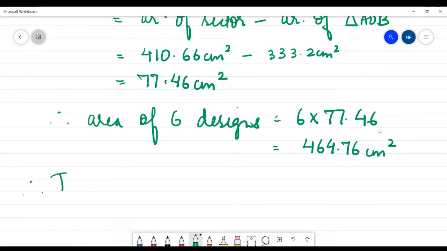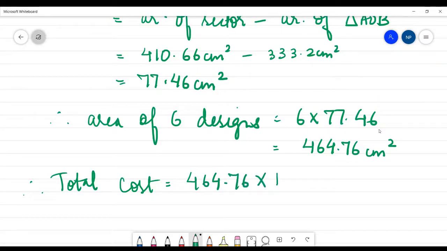Therefore, for the total cost, the cost per centimeter square is given as rupees 0.35. So total cost will be 464.76 into rupees 0.35. We will get the answer as rupees 162.66. This completes your question number 13.